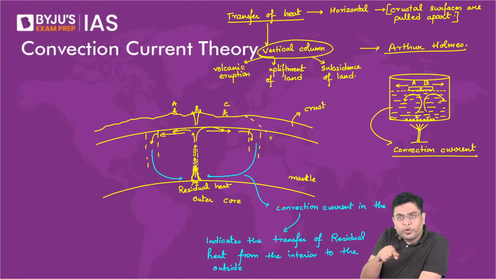Similarly here also, due to an extraordinary amount of pressure, a gap is created as the liquid rises up, so the nearby portion of the solid will be pushed here. Then here there will be a gap, and the nearby portion will be pushed here. Like that, you will have an entire convection current.